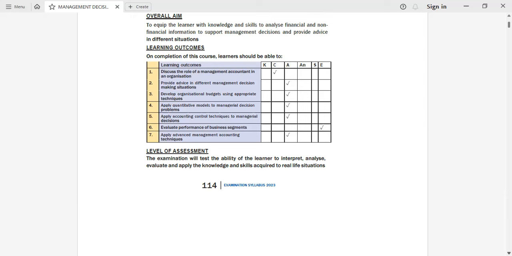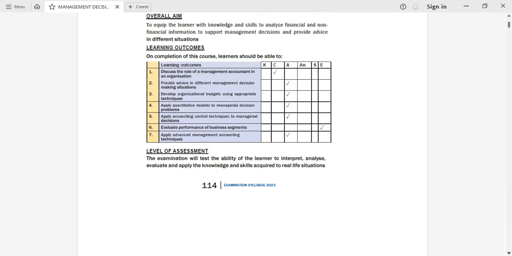So we see here that the examiner is trying to see your ability to interpret, analyze, evaluate, and apply the knowledge and skills acquired to real life situations. Real life situations is very important, because when exams are set, they try to talk about examples and companies that are commonly known.